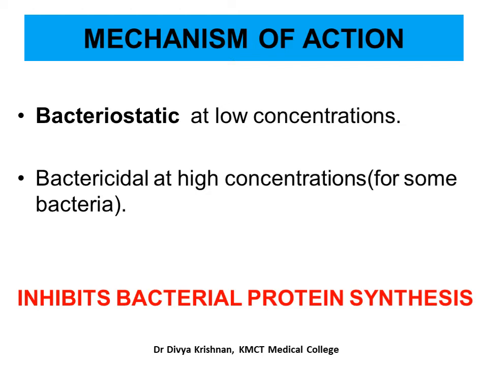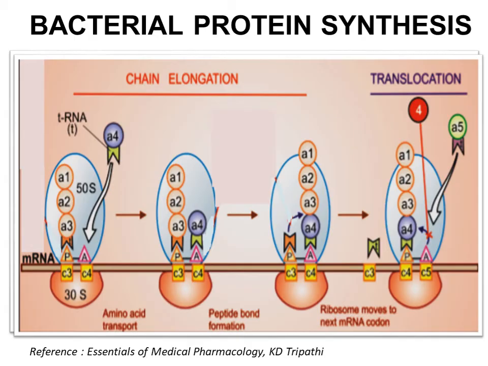Now we have to see at which step of bacterial protein synthesis these drugs act. Elongation and the translocation process. Macrolides act mainly on the translocation step of the bacterial protein synthesis.